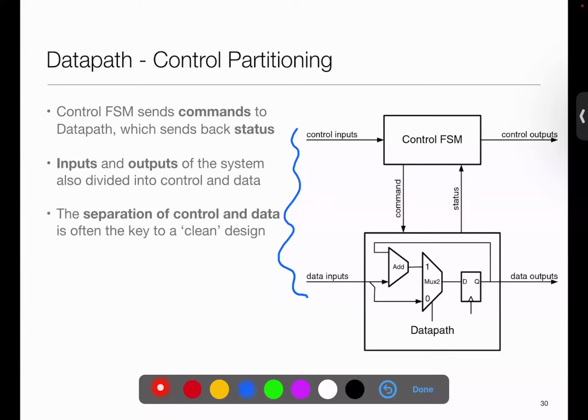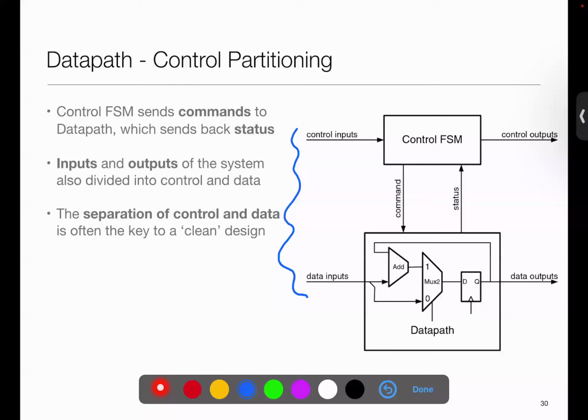Main thing really is that the separation of control and data is not always clean, and there is no one right answer. Many problems can be solved entirely as data paths, and many problems, simple ones, where you don't have data or the data are very few bits, like 2 or 3 bits maybe, could be done entirely using a control FSM.